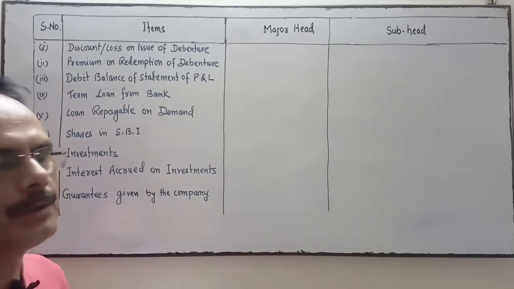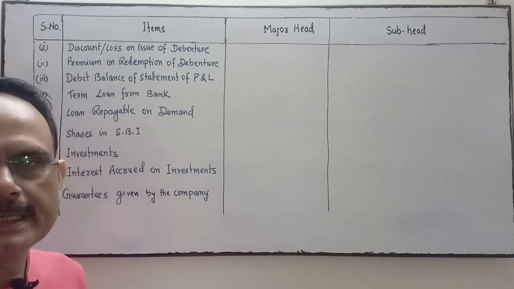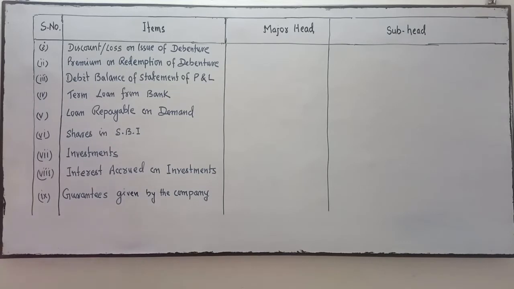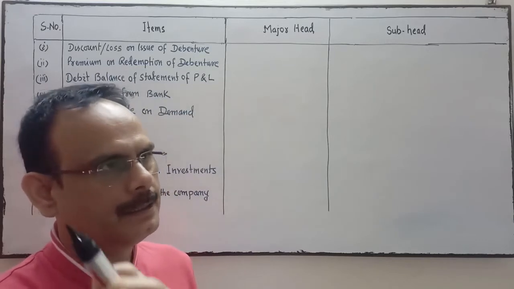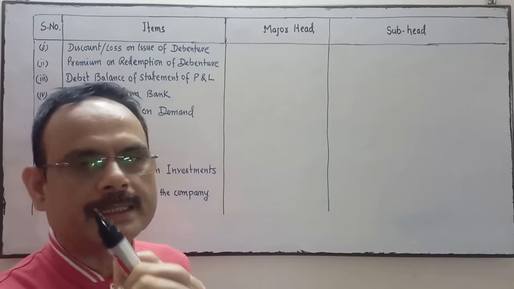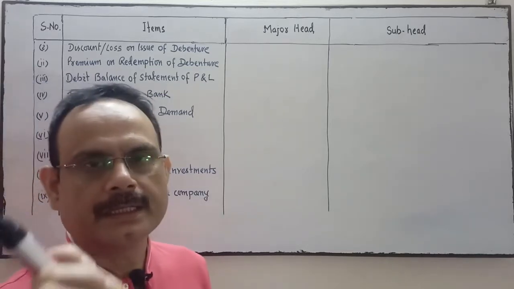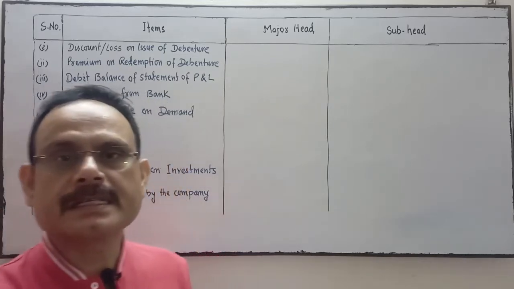Discount or loss on issue of debenture is not shown in the balance sheet. It is directly deducted from the statement of profit and loss in the year in which the loss is incurred.